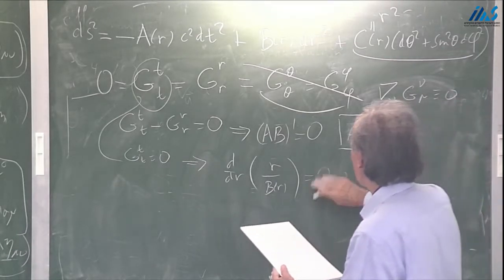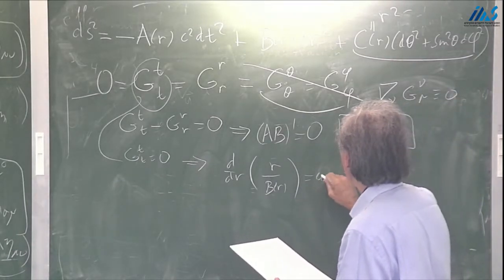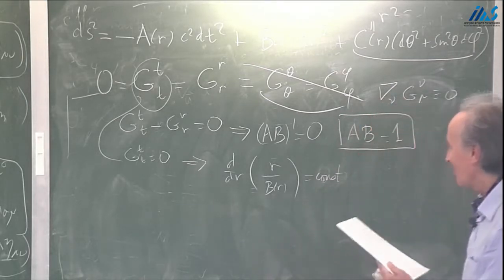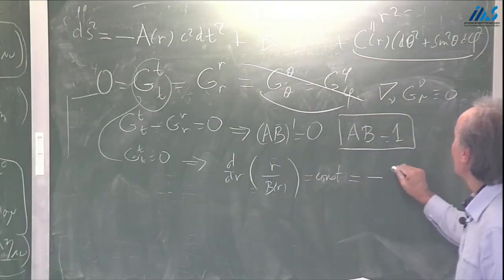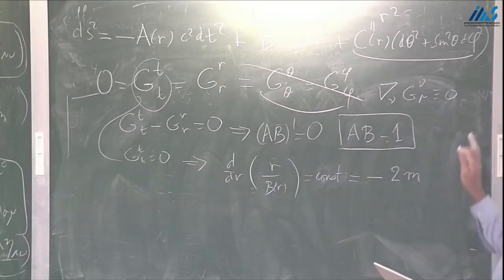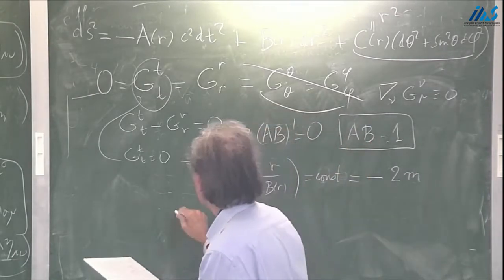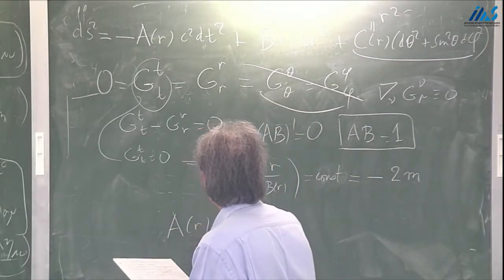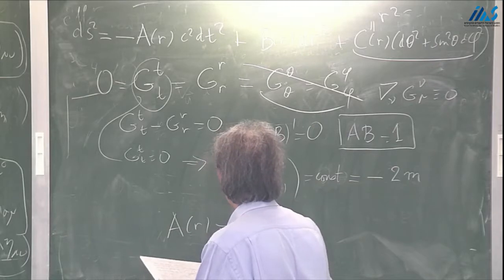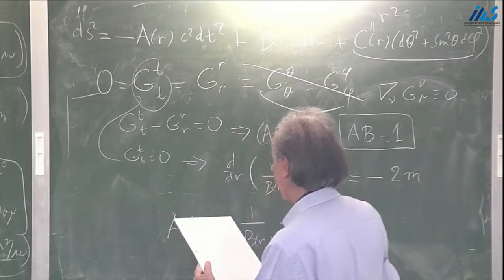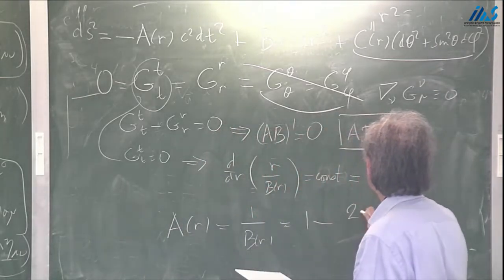No, it's equal to a constant. Yeah, I get a second order derivative, so I mean equal to a constant. And let's call this constant minus 2 small m, without prejudice about what is the value of small m. And therefore, now this and this give that the A function is the inverse of the B function. And this equation tells you that the B function is 1 minus 2m over r.